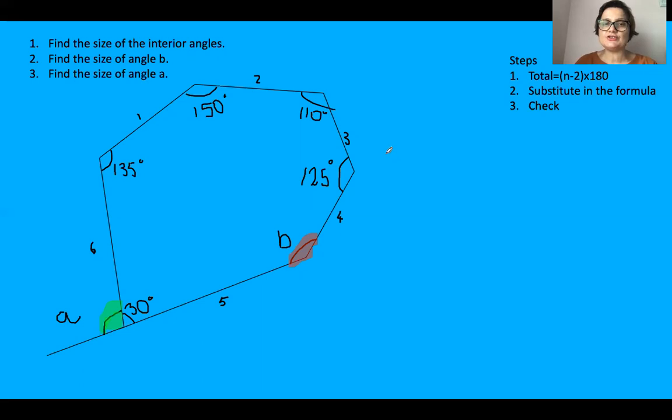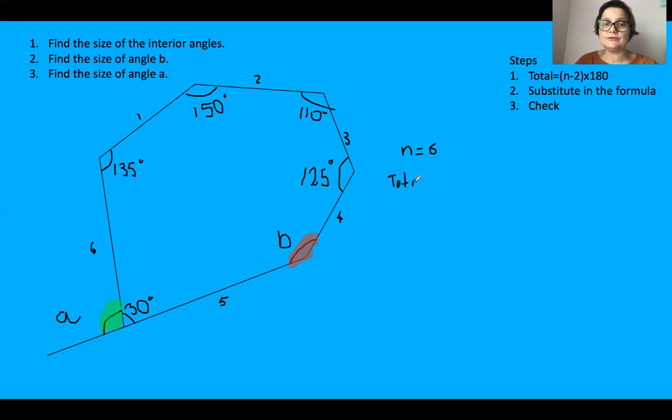The formula says total equals n take away 2 times 180. So n, in this case, is the number of sides, okay? n equals 6. Let's substitute into the formula. We write total.